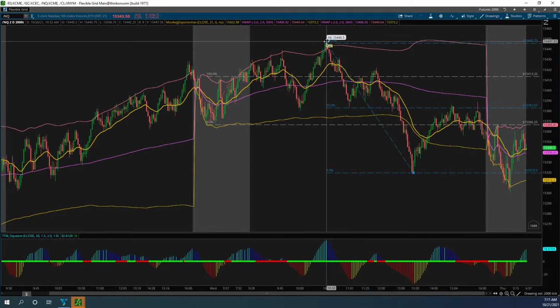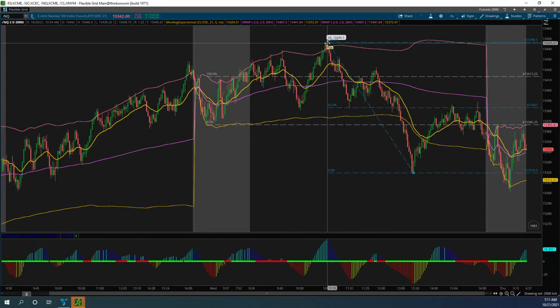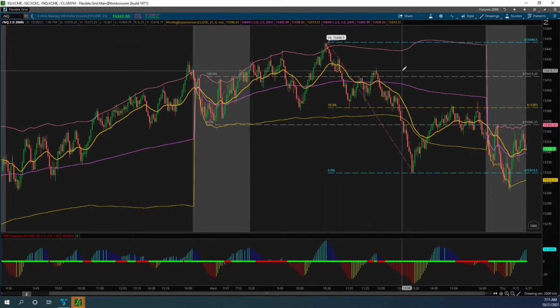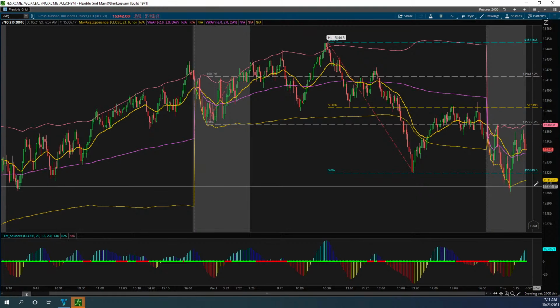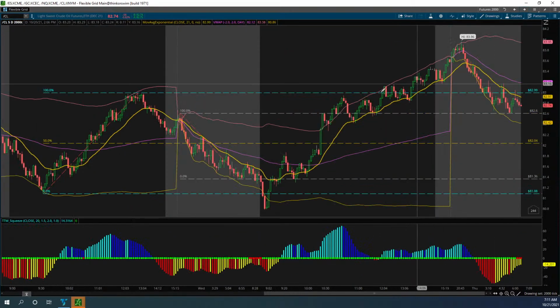Just make sure that it taps it correctly. The high was 15,446.5, and then the low of the session was 15,319.5.